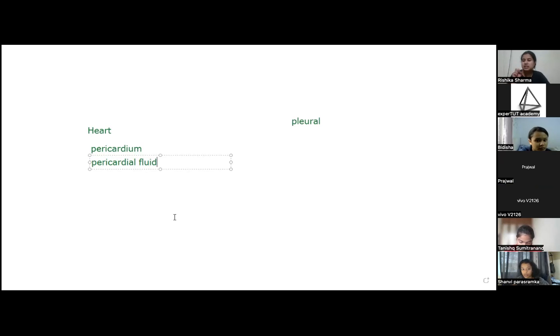Fluid prevents any kind of shocks and jerks. Suppose you are having any kind of accident, or sometimes not an accident, but a speed bumper or something, so those shocks and jerks are absorbed by this fluid. It does not allow the wall of the heart to be damaged.